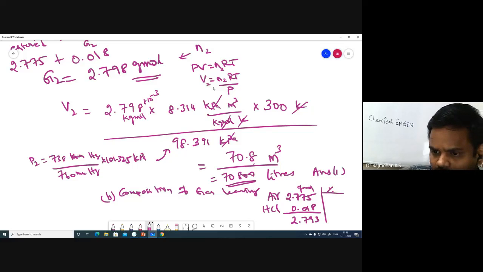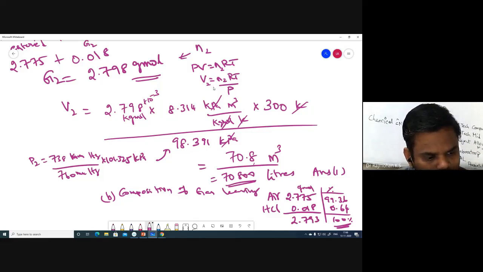These are gram moles. 2.775 divided by 2.793 is around 99.36 percentage. HCl is 0.64 percentage. Total is 100%. So this is the composition of gas leaving. Remember, air is unaffected and it remains the same. That's why we got this 2.775 from the inlet gas. Okay. So that is the answer for second part.